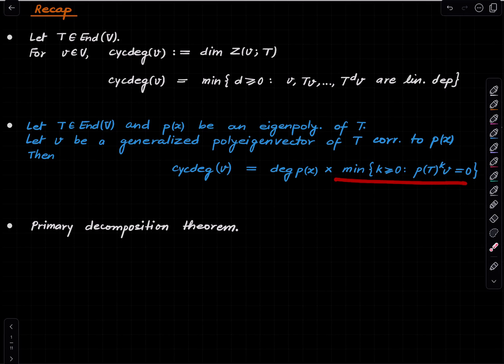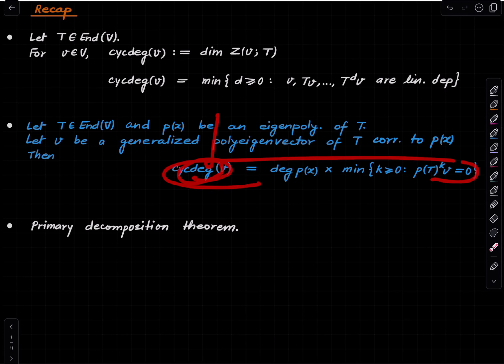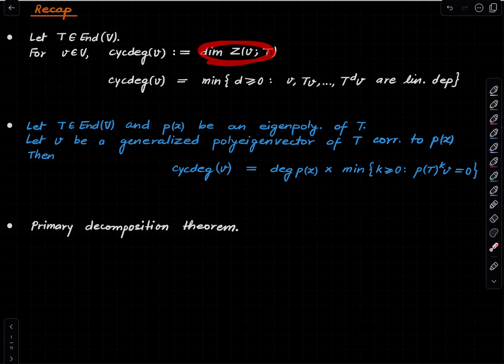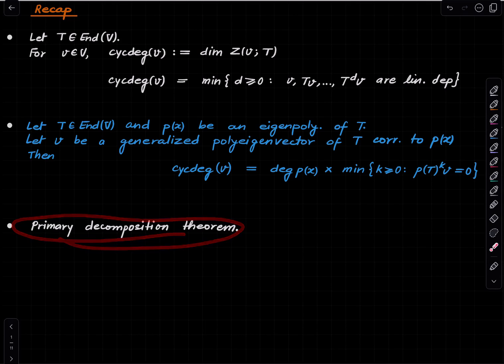And then you multiply that with the degree of the eigenpolynomial. So in case of generalized polyeigenvectors, there is a different handle on the notion of cyclic degree than what is afforded by the definition. And of course we will use the primary decomposition theorem like we do in every lecture.